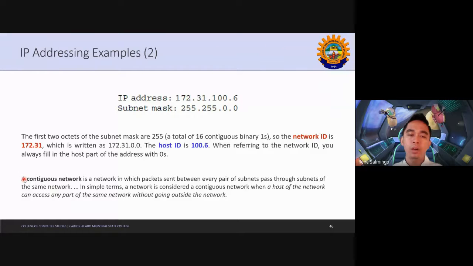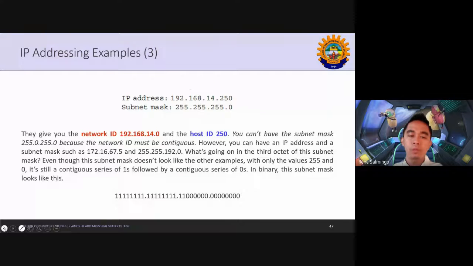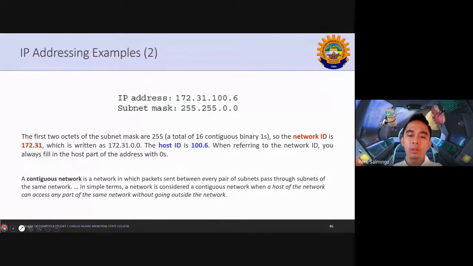Now, we are already using the term contiguous network as before. We use contiguous network, especially in subnet mask, which means that these are the networks in which the packets are sent between the pair of subnets that are passing through the subnet of the same network. So if you have a contiguous network, in order for you to pair the subnets, you need to have the correct subnet mask.